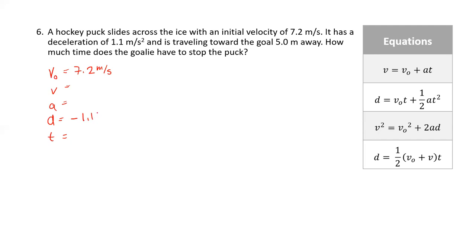The negative's not there, but we assume it because it says it's decelerating. Decelerating at 1.1 meters per second squared and is traveling towards a, oops, I've written that in the wrong spot. It's traveling towards a goal 5 meters away. Let's get these in the right spots. We have negative 1.1 meters per second squared and distance is equal to 5.0 meters. How much time does the goalie have to stop the puck?